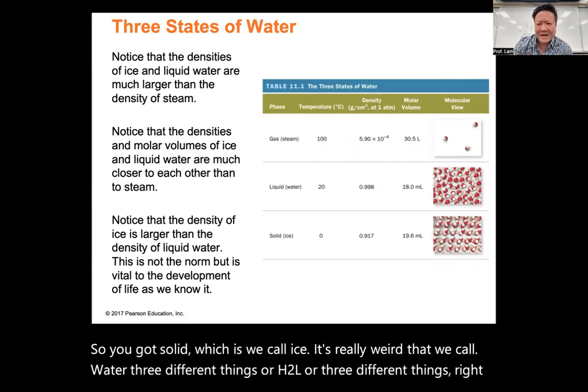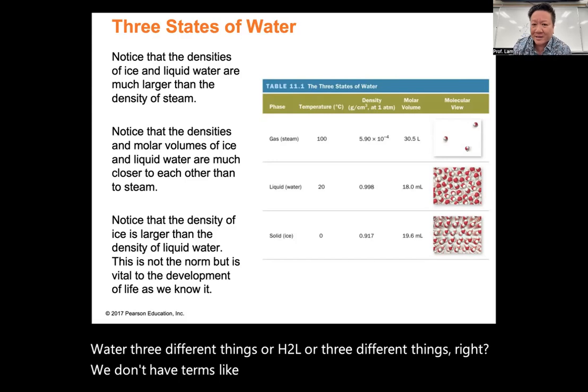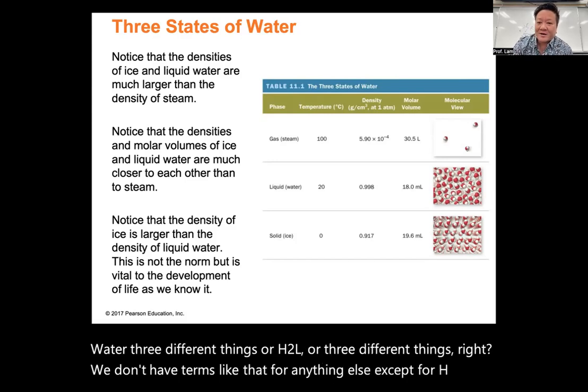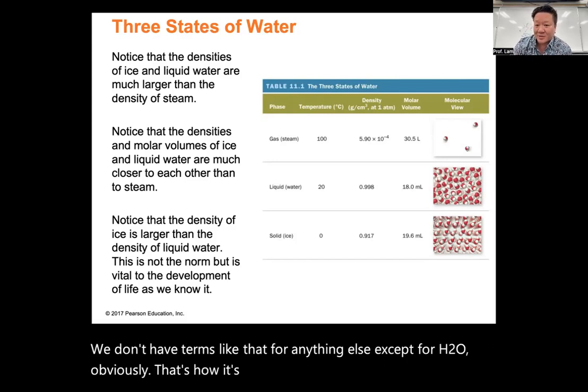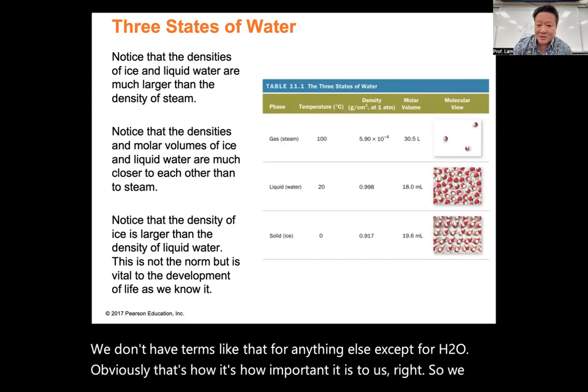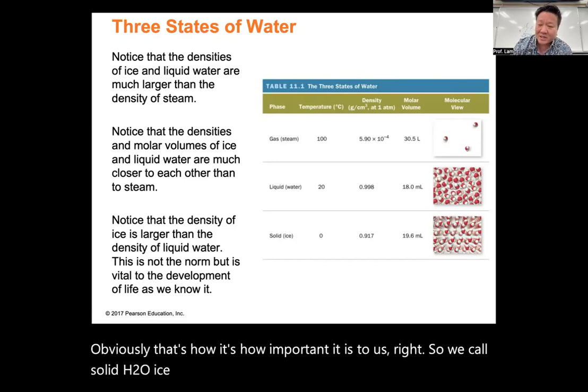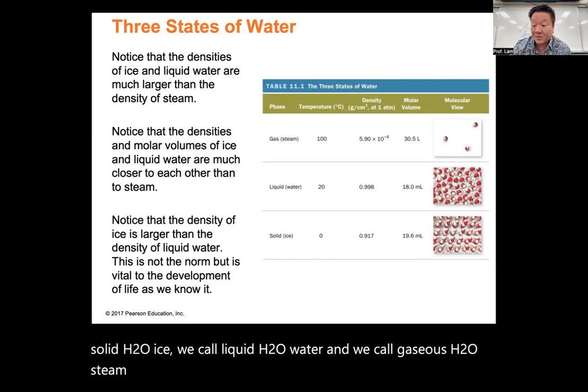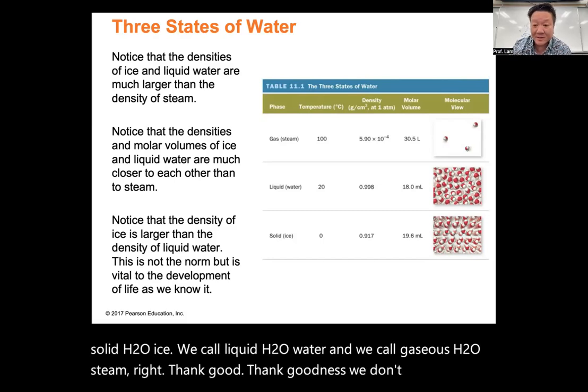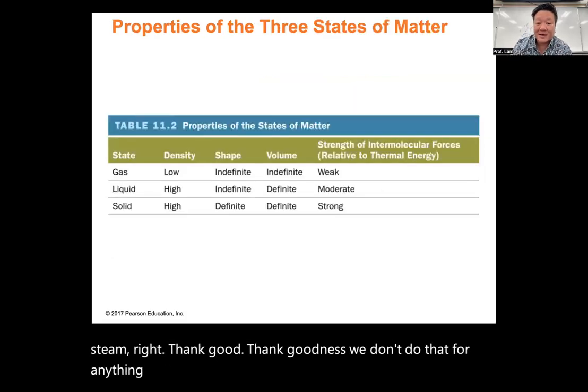We don't have terms like that for anything else except for H2O. Obviously, that's how important it is to us. So we call solid H2O ice, we call liquid H2O water, and we call gaseous H2O steam. But thank goodness we don't do that for anything else, because that'd be a problem memorizing all those.